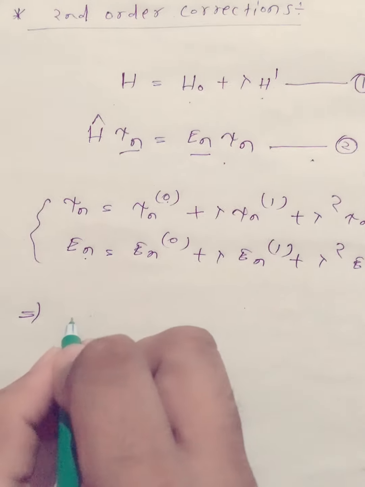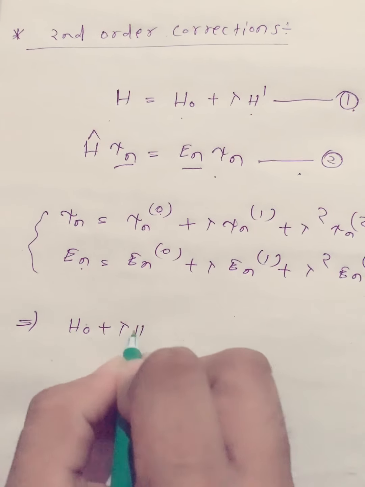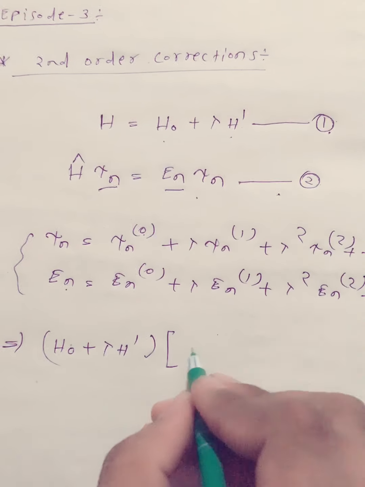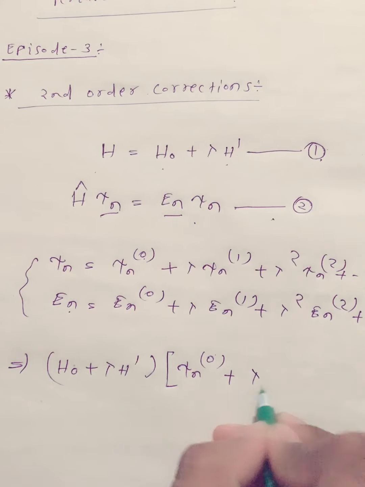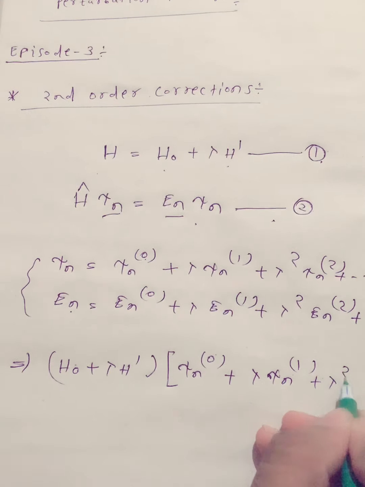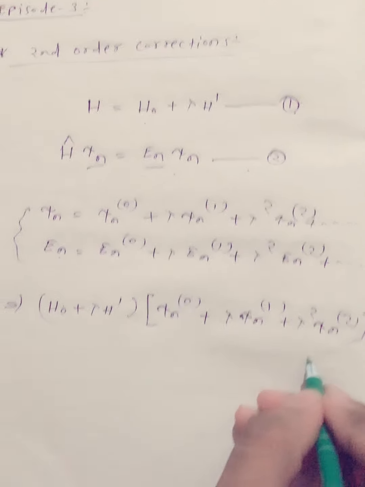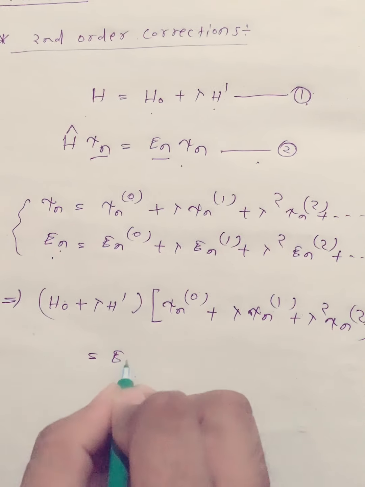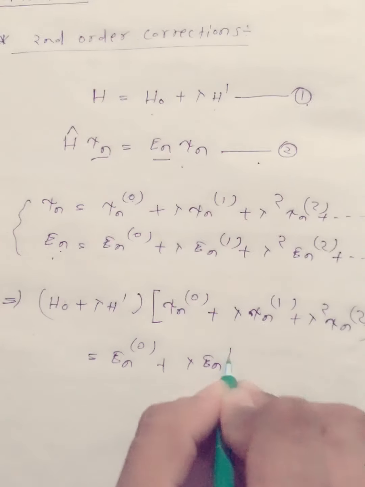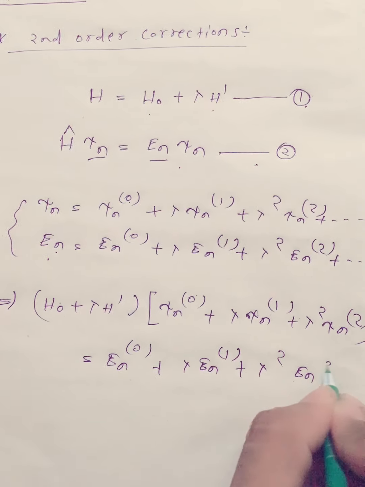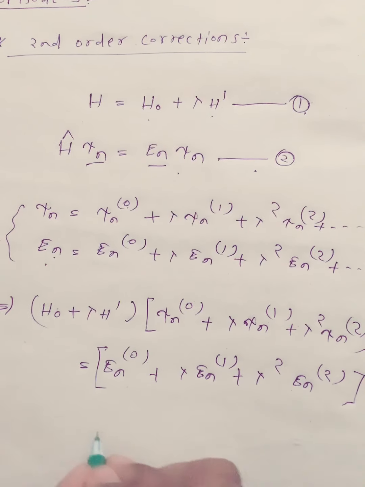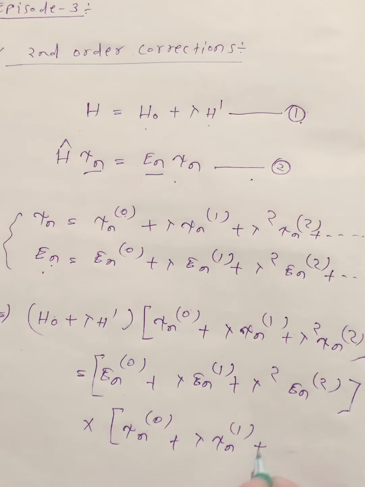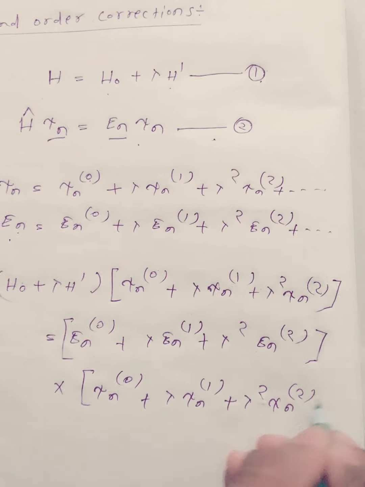So we can write H naught plus lambda H prime acting on psi n, which is psi n 0 plus lambda psi n 1 plus lambda square psi n 2, giving the energy eigenvalue En, which is En 0 plus lambda En 1 plus lambda square En 2, multiplying the same function, psi n 0 plus lambda psi n 1 plus lambda square psi n 2.